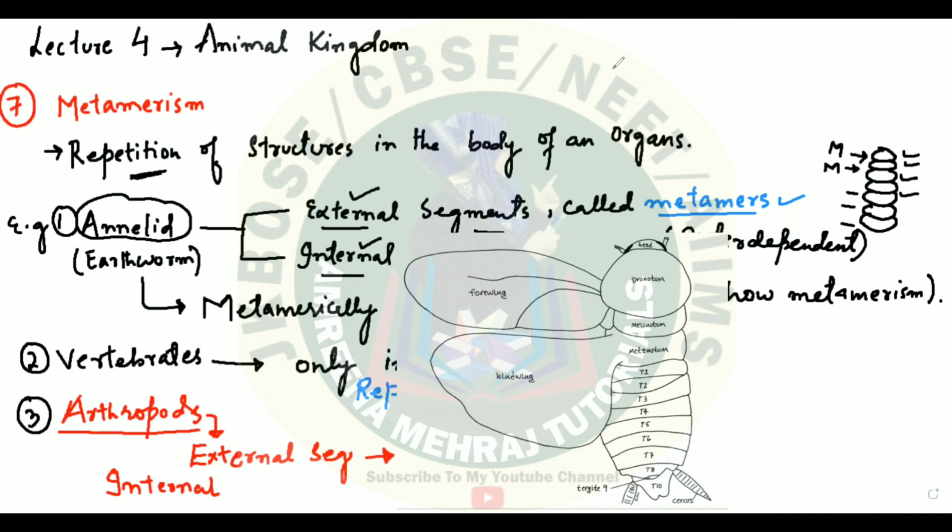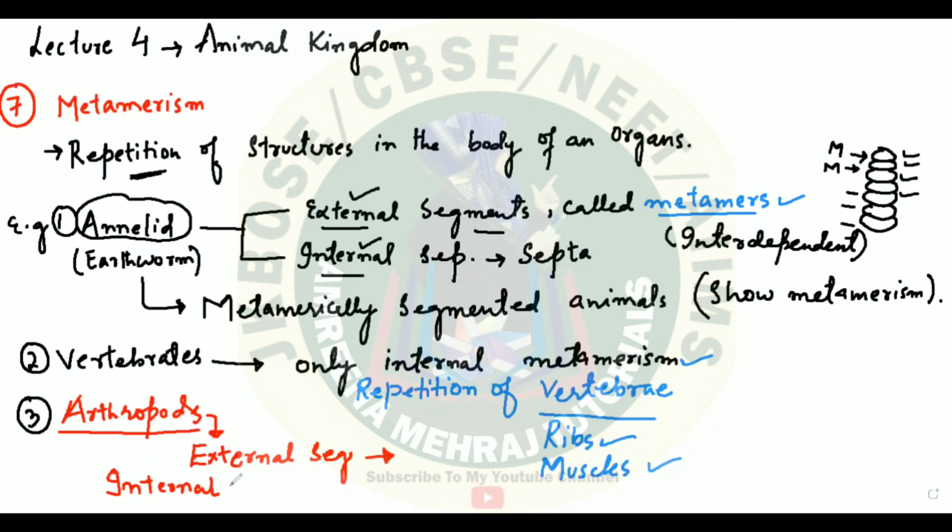Let me erase this; it was an idea I was giving you for external segmentation. In arthropods, you'll be able to see that their body has external segments, but internally there is no segmentation. That will be the case with arthropods.